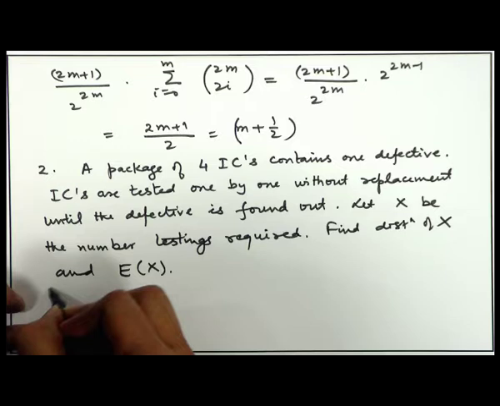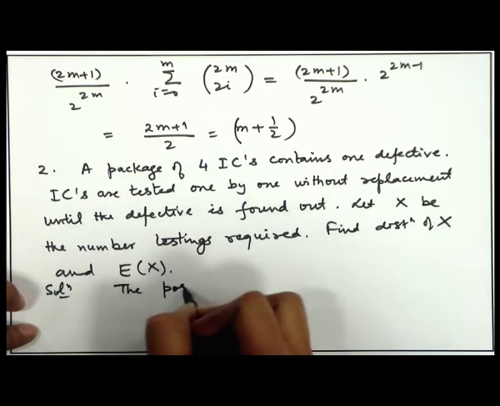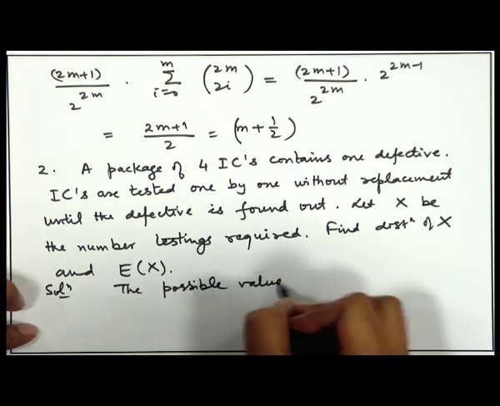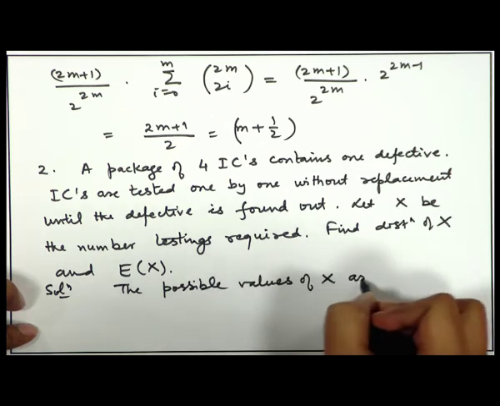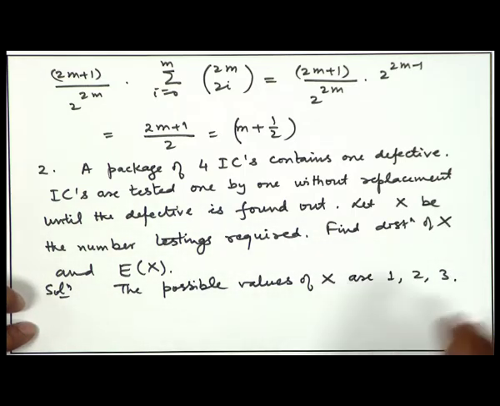Even if this is not defective, then we know that the remaining one will be defective. So, x can take values 1, 2 and 3. We do not have to test the fourth one. So, the possible values of x are 1, 2 and 3.